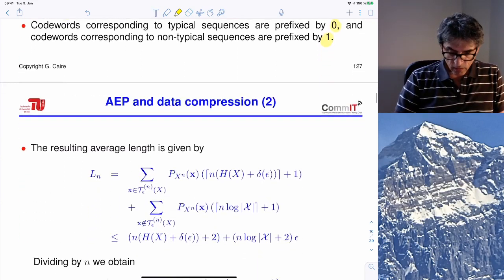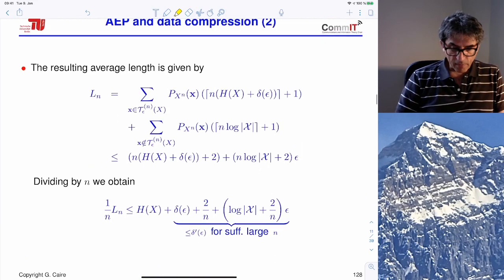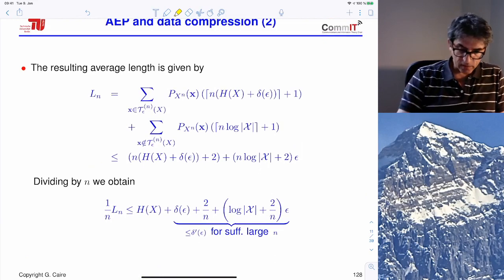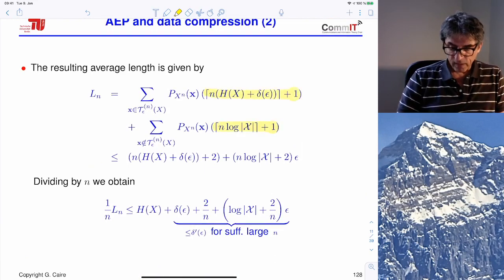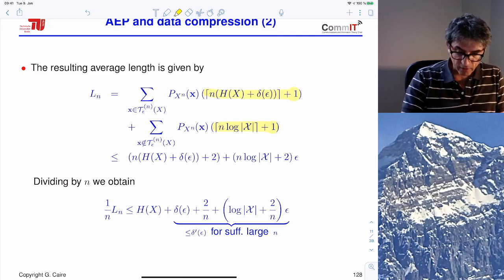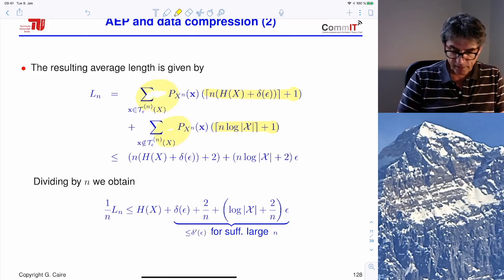Okay. So then we can compute the average length. We have this many bits for the typical sequences, this many bits for the non-typical sequences, and then we average over all typical sequences here and all non-typical sequences here.